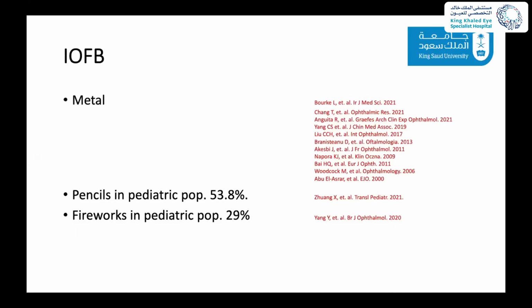The nature of intraocular foreign bodies is usually metallic overall, and in the pediatric population, it has been found that pencils were a majority in a study published from China. Another study from China by Yang and colleagues reported that fireworks were the most common intraocular foreign bodies.